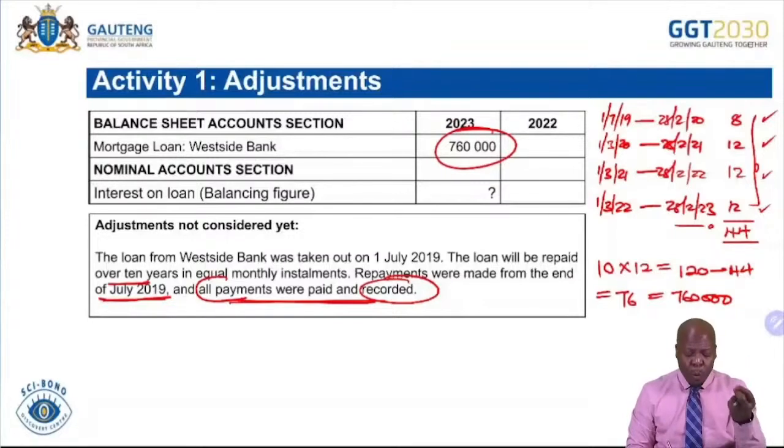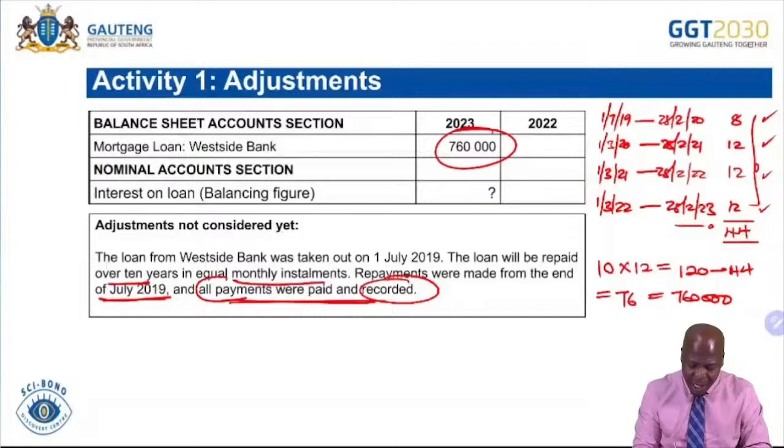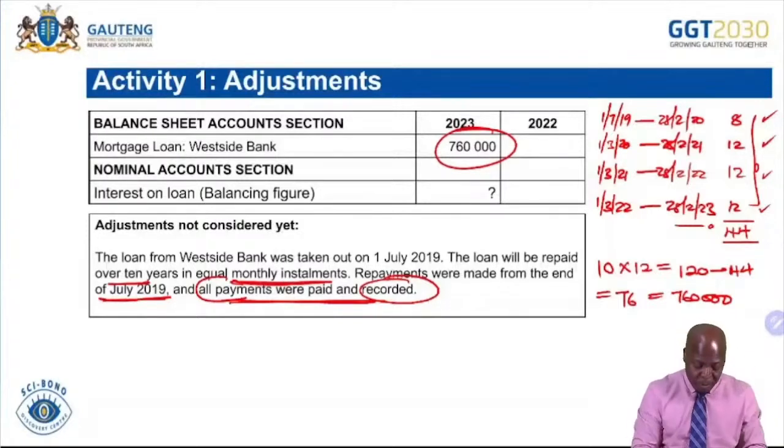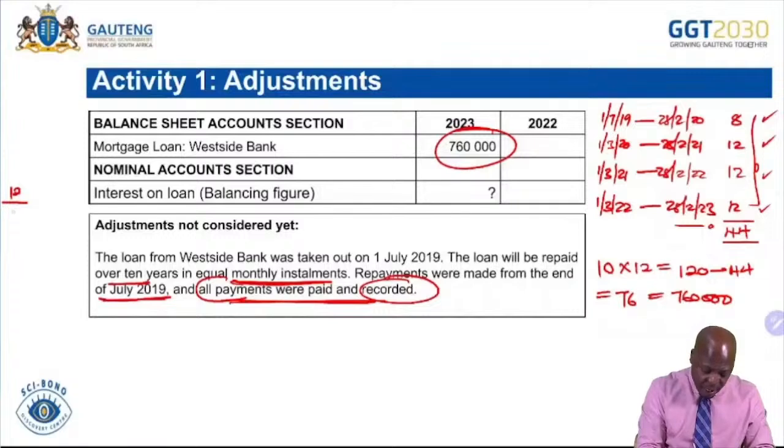How do we know? We must think about next year because it is being paid on monthly installments. That means the next month, which is March, we must pay. So we're going to now say the 12 months which we're going to be paying for the next financial year, the short term, divided by 76 multiplied by 760,000. This will therefore give me 120,000.